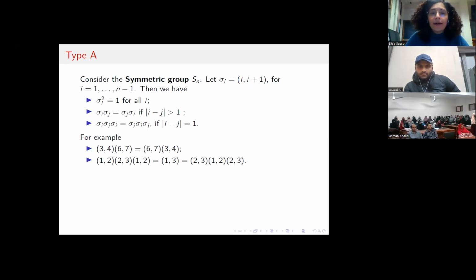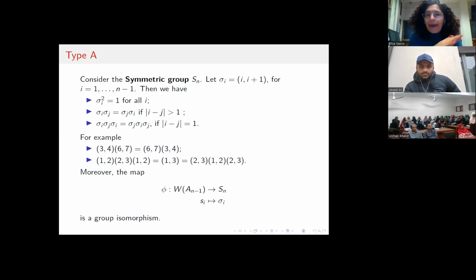And moreover, actually, the Coxeter group of type A is isomorphic to the symmetric group. And how can we show this isomorphism? By considering this map from the Coxeter group of type A to the symmetric group, which sends one generator, a reflection of the Coxeter system, to the corresponding simple transposition.